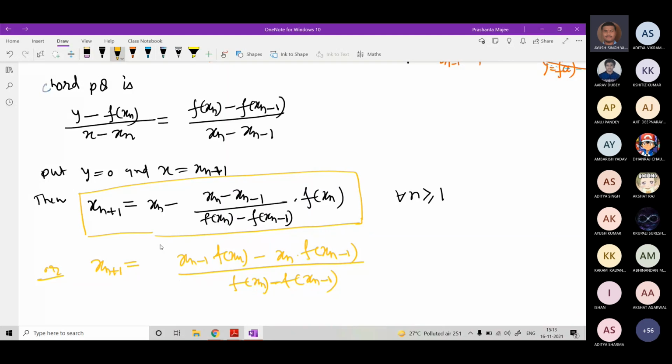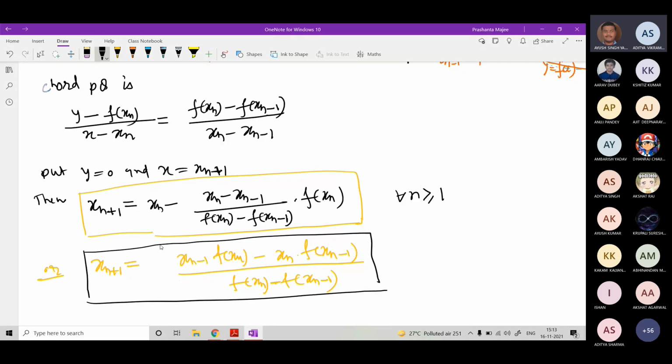So you can remember any one of these two expressions. These are the same formula. Xn plus 1 equals xn minus xn minus xn minus 1 by f of xn minus f of xn minus 1 whole into f of xn, or this below formula, xn plus 1 equals xn minus 1 into f of xn minus xn into f of xn minus 1 by f of xn minus f of xn minus 1.